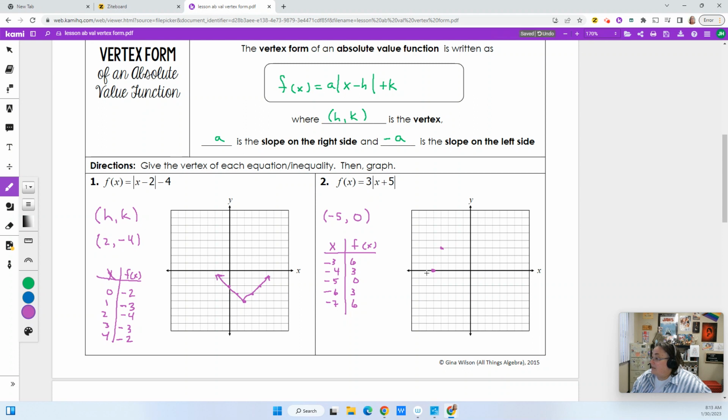At -3, we have a point at 6. And then we're going to have the same on the other side of it, right? And this will be our new V. And they're all kind of going to work like this.